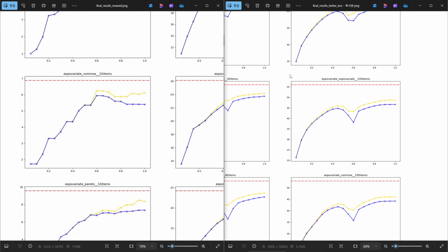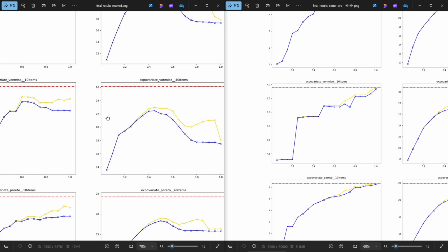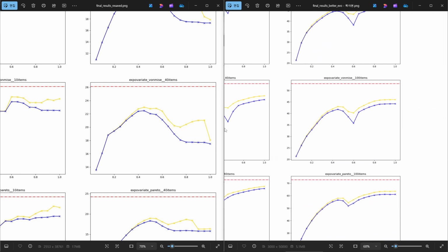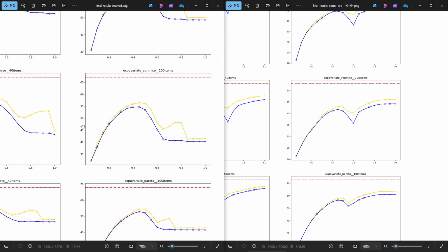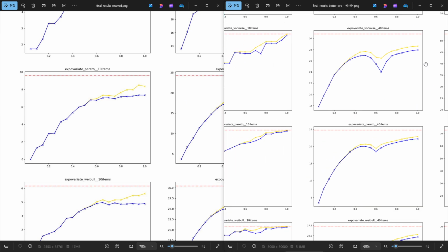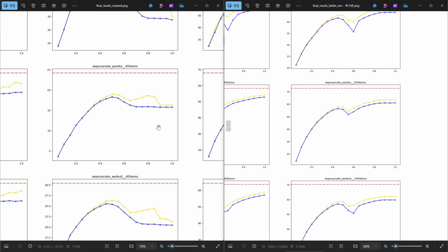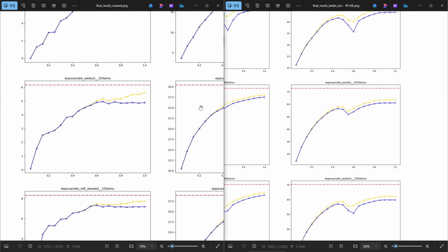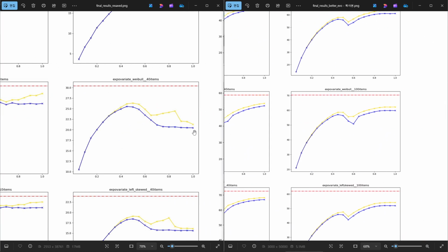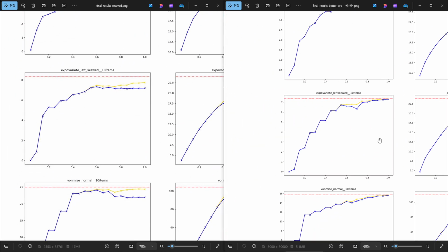Maybe. Exponential Pareto. Exponential label. Okay. Exponential left skewed.